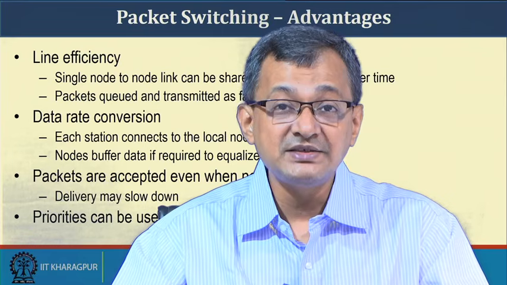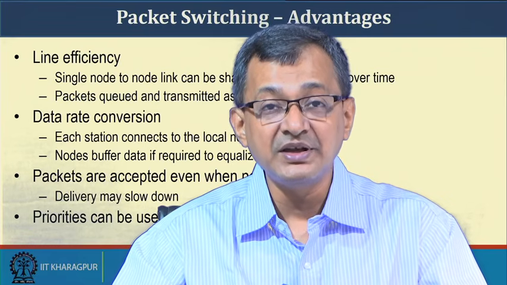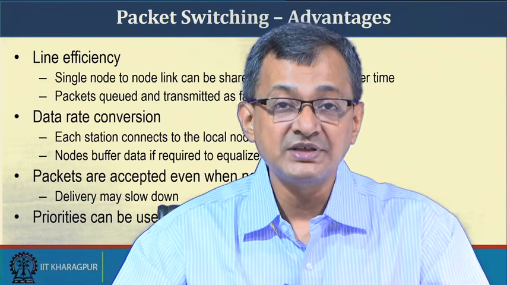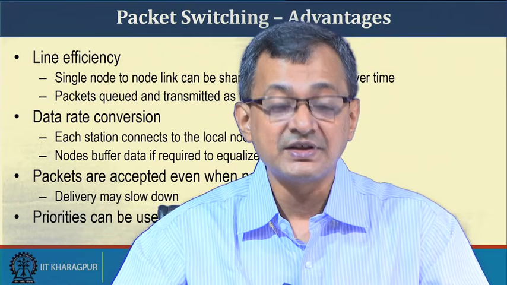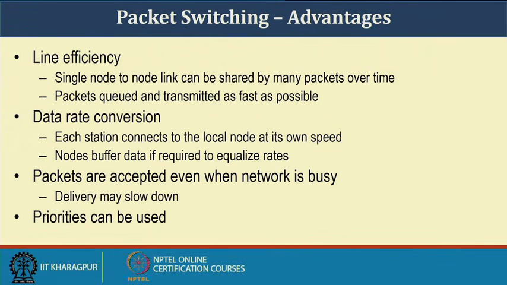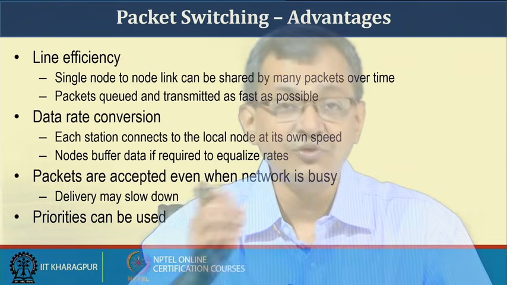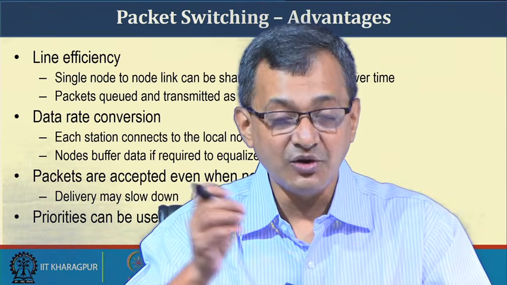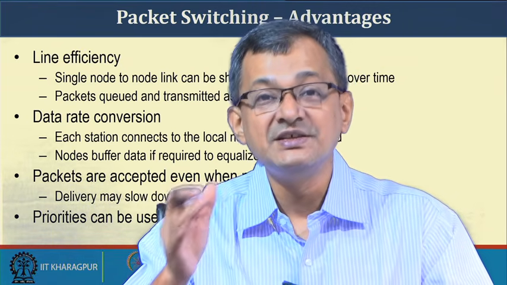There is also the possibility of data rate conversion. Each station connects to the local node at its own speed, so nodes buffer the data if required to equalize rates. As there is a store and forward mechanism, the node has the option of synchronizing the speed.